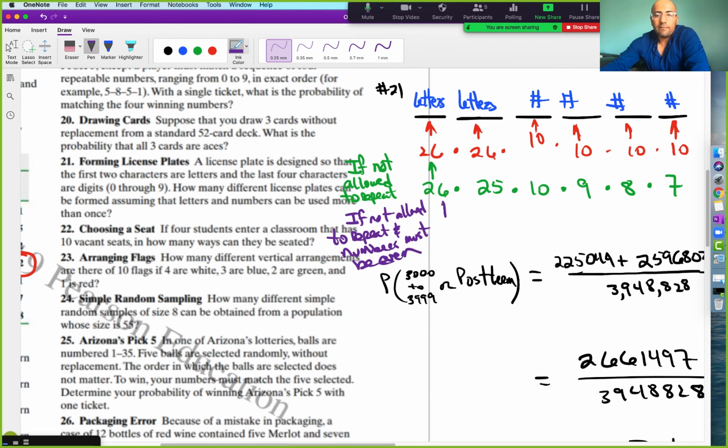Even. Okay, so again, 26 for the first letter, then 25 for the next letter, and then the numbers must be even. So there are 5 even numbers, right? The numbers 2, you write them down. There is the number 2, the number 4, the number 6, the number 8. Oh, wait a minute, there's only 4, right? Because I'm not using 10. 1 is not even, 0 is not even.